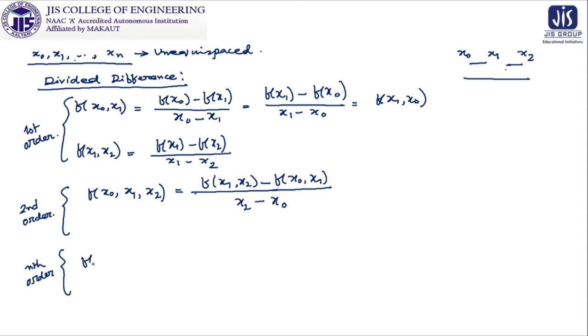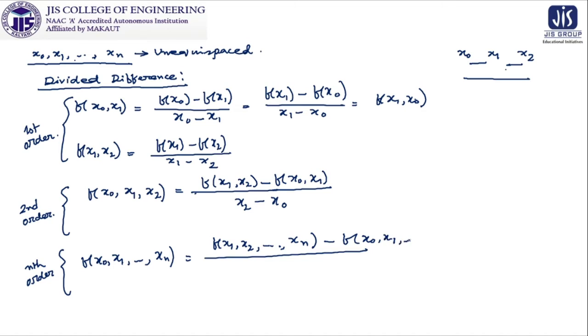It is denoted by f of x0, x1, ..., xn, and according to the symmetry of this definition, we are able to write it like this: f of x1, x2, ..., xn minus f of x0, x1, ..., x(n-1), and the denominator will obviously be xn minus x0.